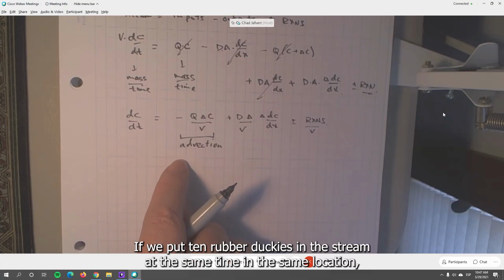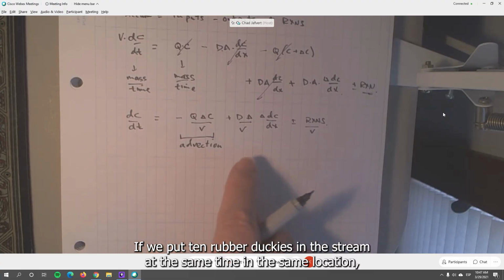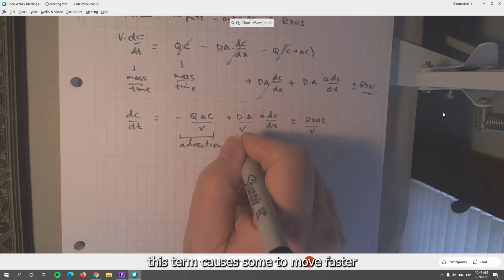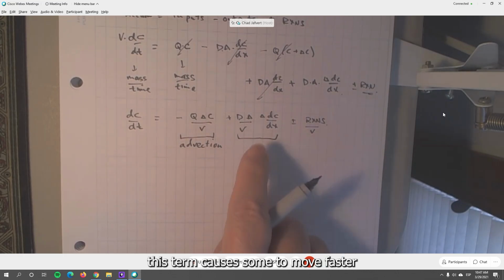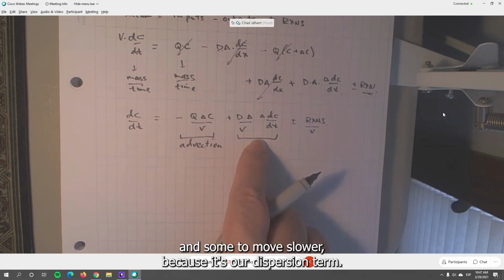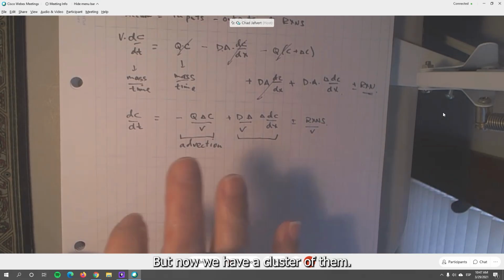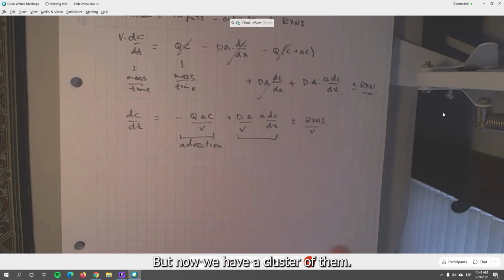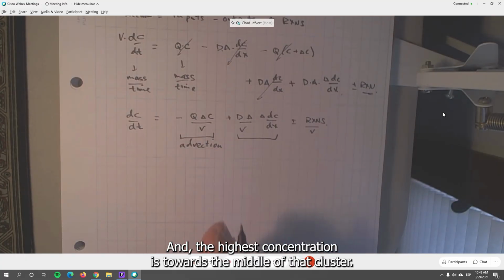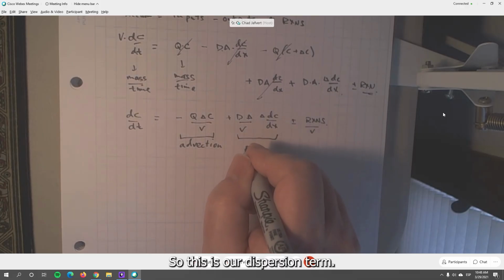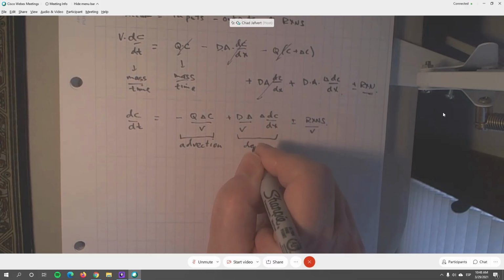If we put 10 rubber duckies in the stream at the same time in the same location, this term causes some to move faster and some to move slower because it's our dispersion term. But now we have a cluster of them, and the highest concentration is towards the middle of that cluster. So this is our dispersion term.